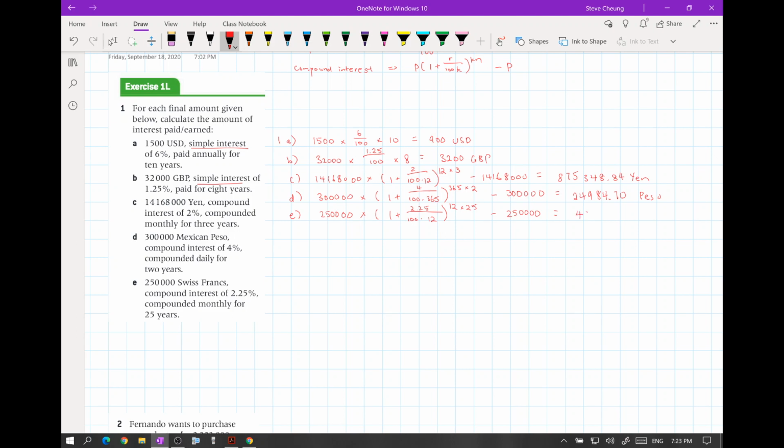This is the answer that I get. And, well, Swiss francs. And here I'm checking the answer, and the answer doesn't match up, because I forgot to minus the initial amount again. Oops. I thought I did. Okay.